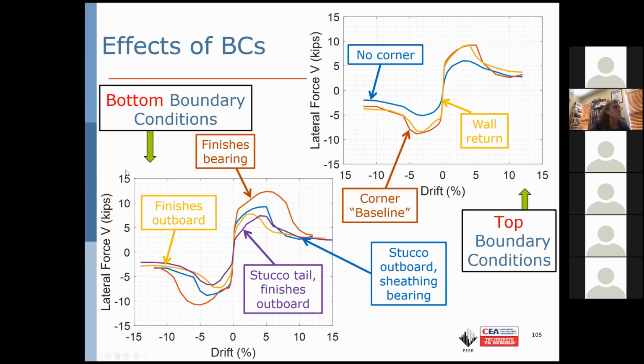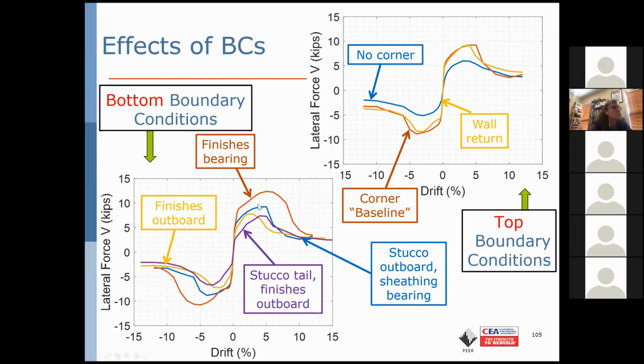by going that extra leg with the detailing. In terms of the bottom boundary condition, with the finishes bearing, we see a very large strength compared to other configurations. That's a very rare condition in practice. With the finishes outboard, there's nominal consistency between finishes outboard and finished stucco only outboard.